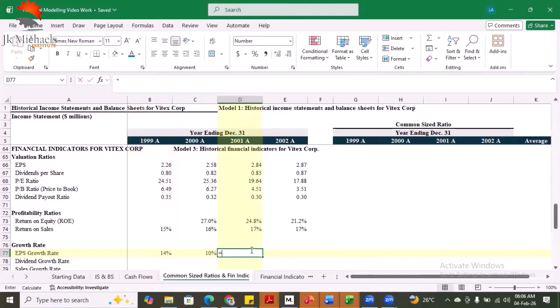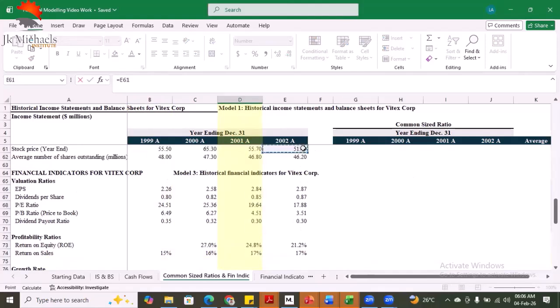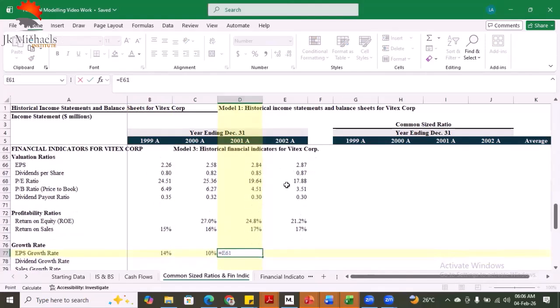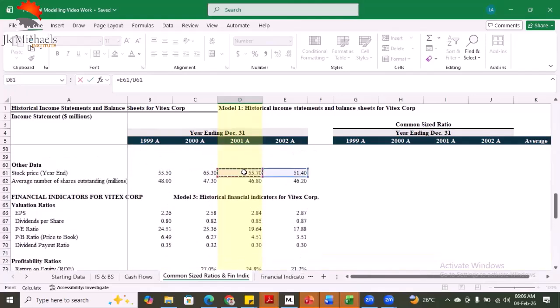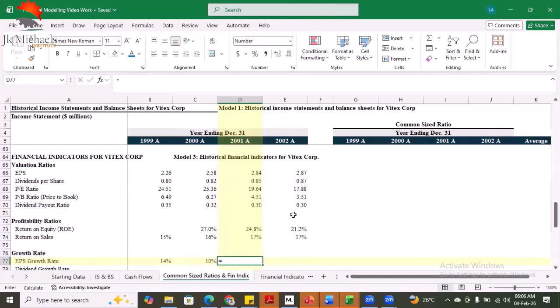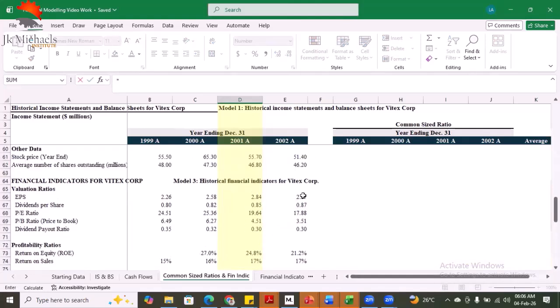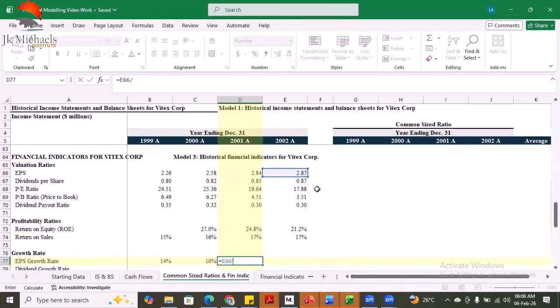Then we have the next period divided by the previous period. I keep doing this. Earnings per share, the next period divided by the previous period minus 1.